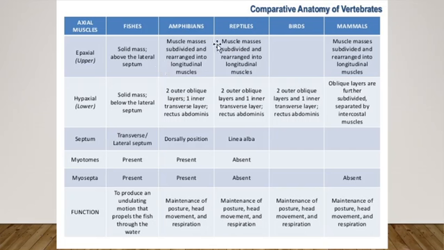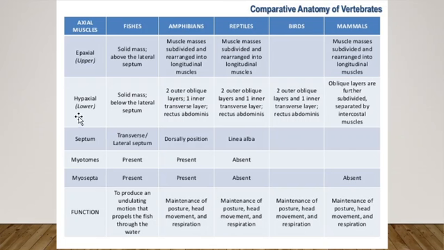In reptiles, masses are subdivided, also rearranged like in amphibians, into longitudinal muscle. But it is absent in birds. It is missing in birds, but present in mammals. Masses are subdivided also, like what happened in amphibians and reptiles.